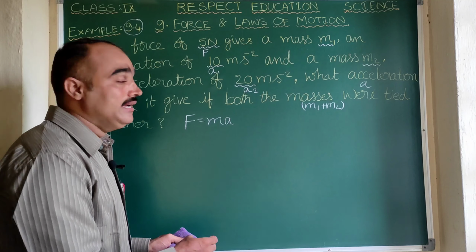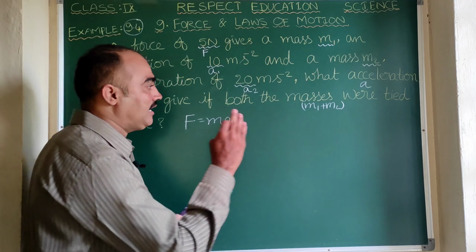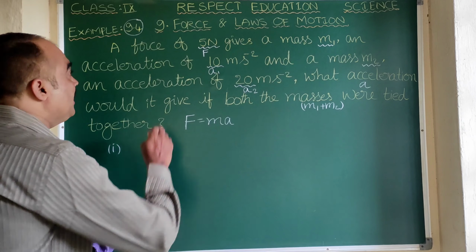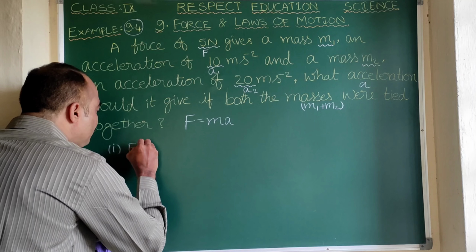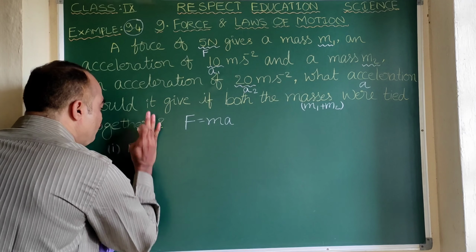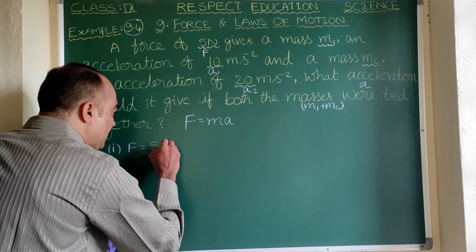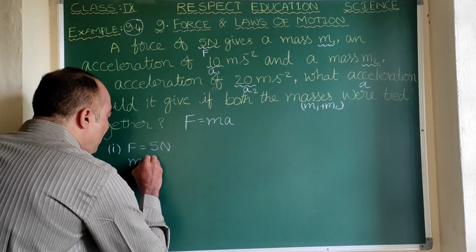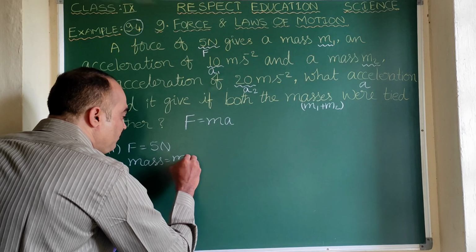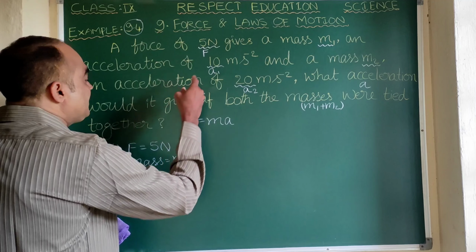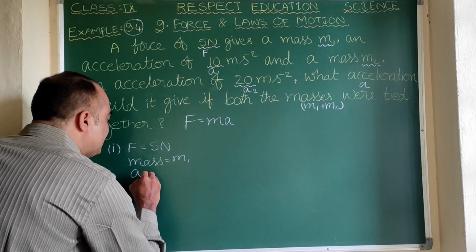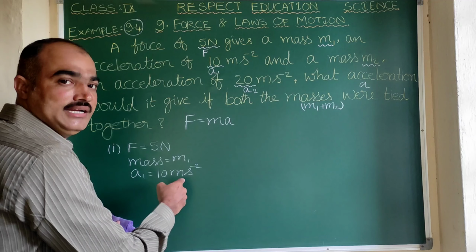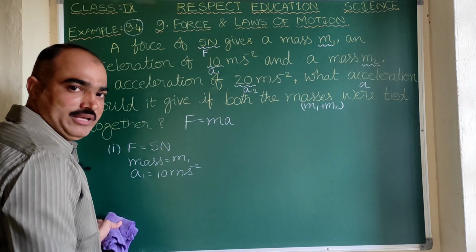Here you do understand there are three cases. In the first case F is equal to 5 Newton, the force. Also given mass is m1, and acceleration a1 is 10 meter per second square. It can also be written as 10 m into s power minus 2.